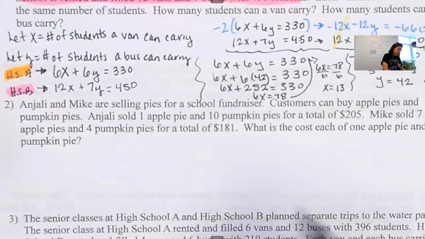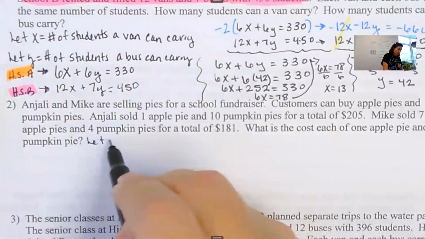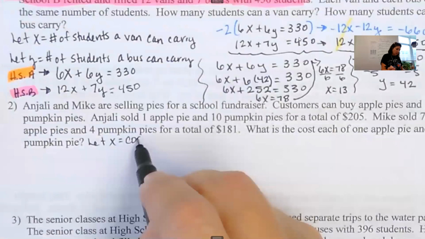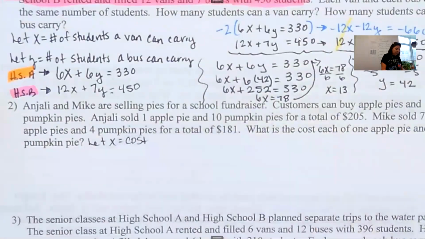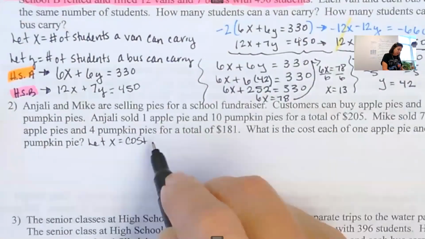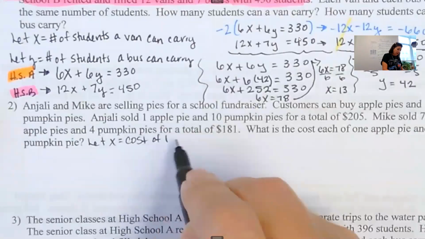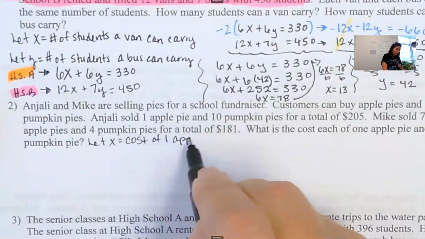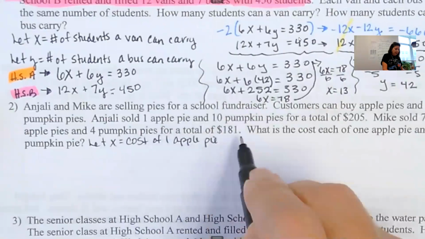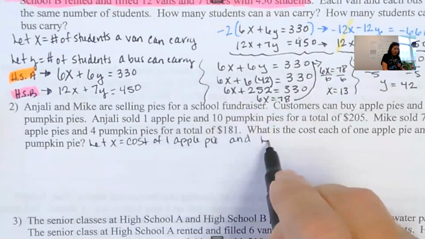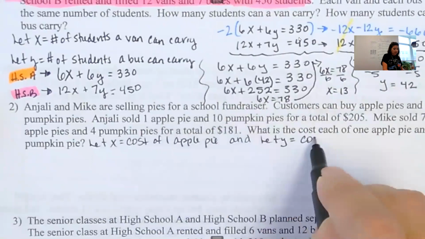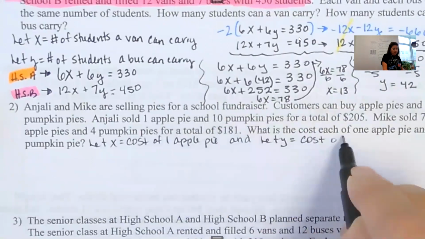So I'm going to let X equal the cost of, I just go in the order they asked, 1 apple pie. And I will let Y equal the cost of 1 pumpkin pie.